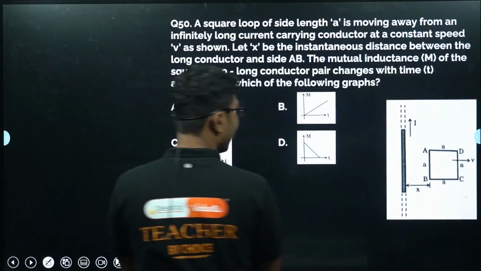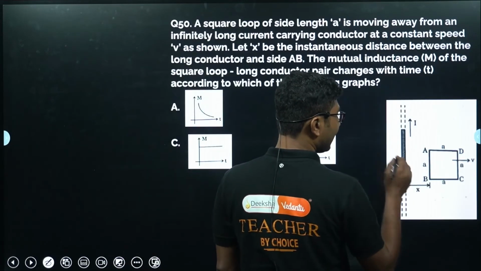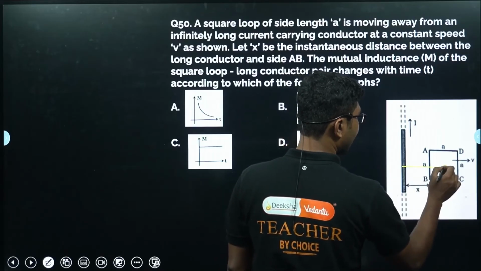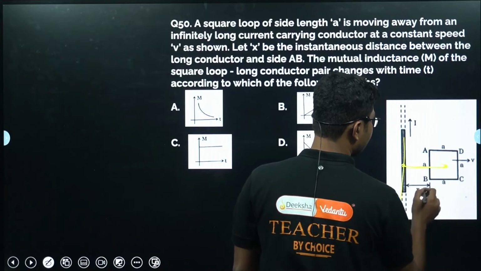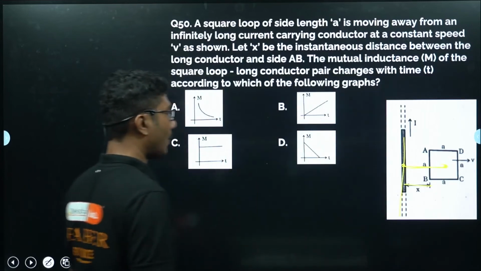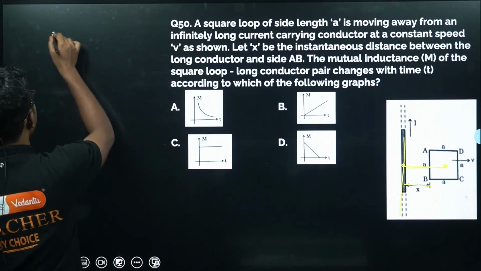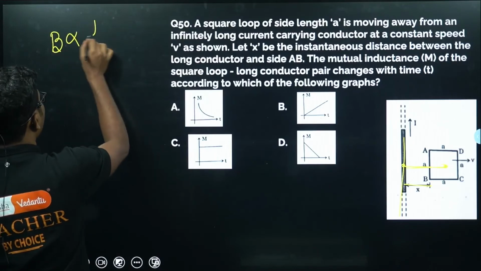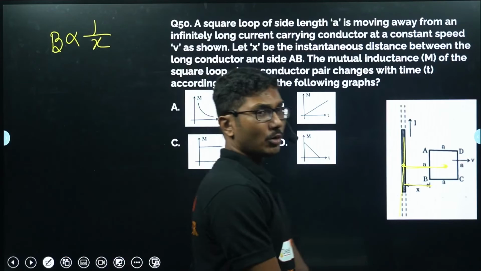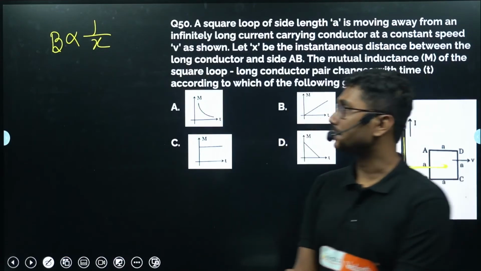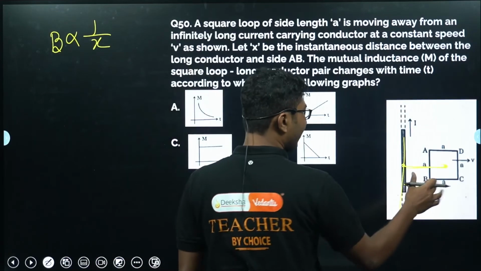So first you have to understand, what is the magnetic field due to a current carrying conductor at some distance, say x from the wire? So magnetic field is basically proportional to 1 by x. Now it is moving with the velocity v.